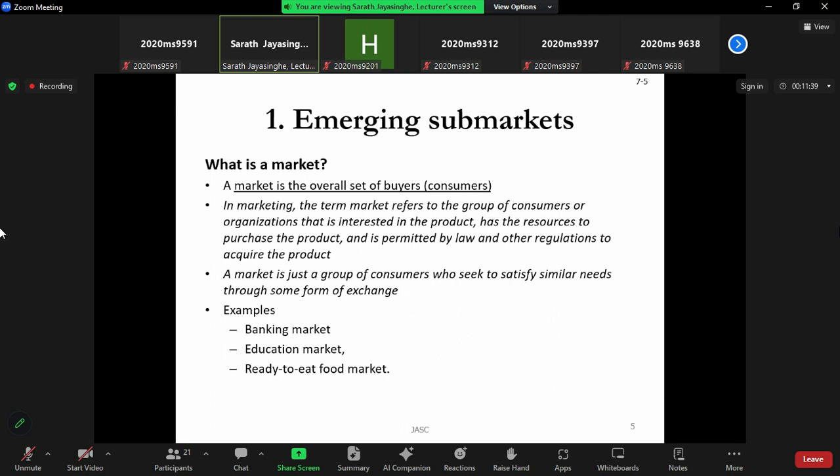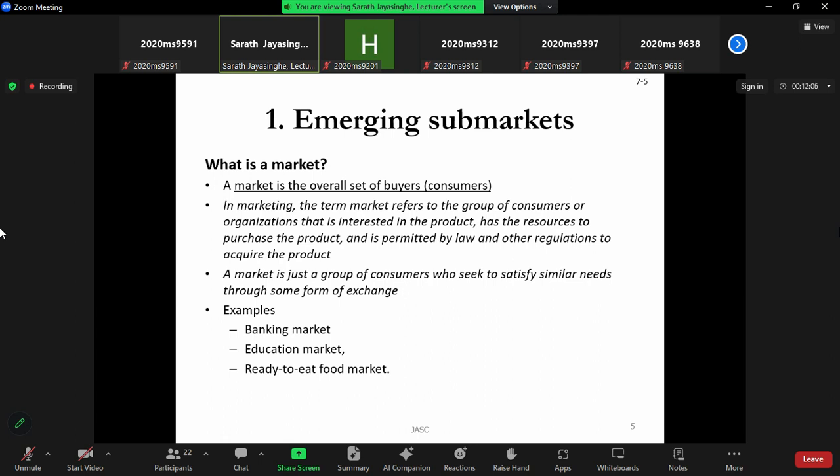market is the overall set of buyers. So that is how in marketing we define the market. In economics, we may talk about the collection of customers and sellers. But here in marketing, we are thinking about some set of buyers, some consumers. That is how, according to our marketing, we are defining and trying to understand the market.